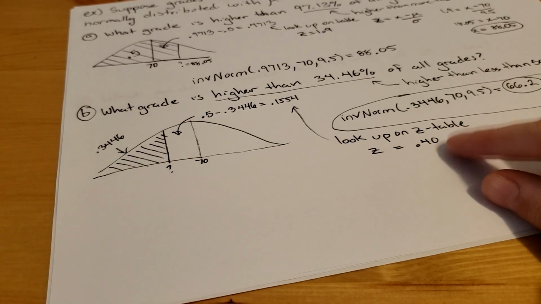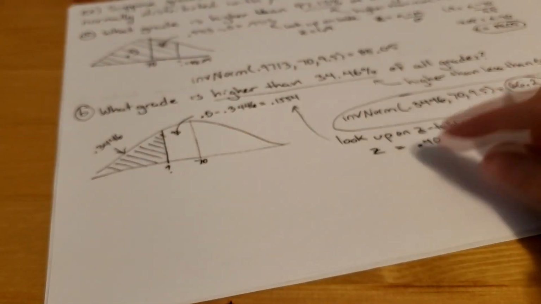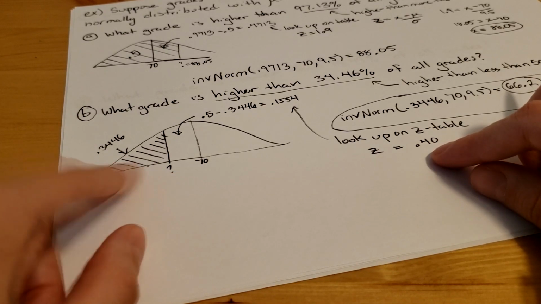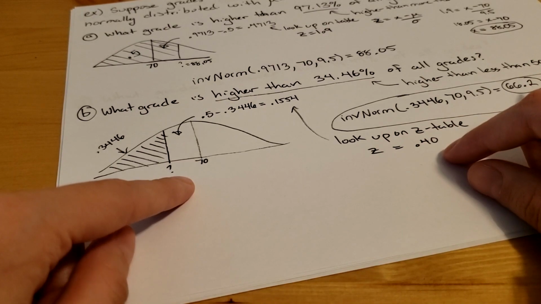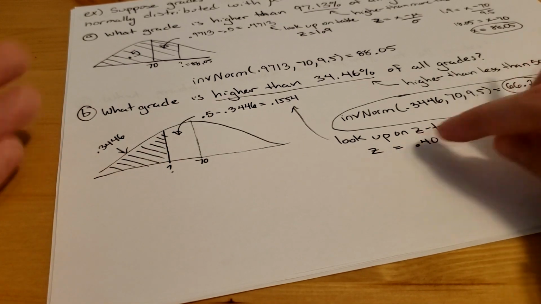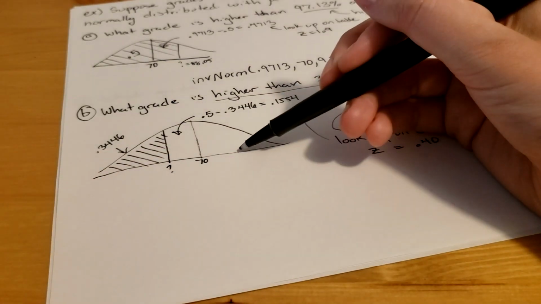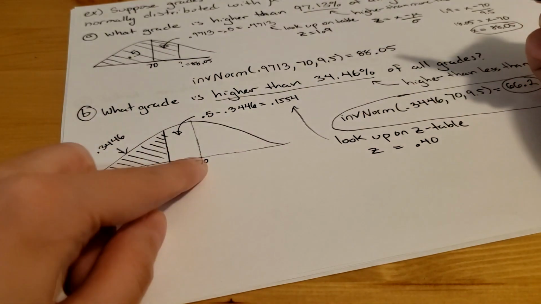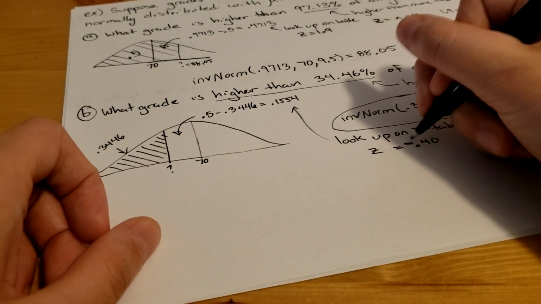This table only gives us positive z-scores, but if we look at the picture we drew, we know that this should actually end up being a negative z-score because this value falls below the mean. So if we work with positive 0.4 and we go back to change our z-score to exam grades, our answer is not going to be right because we're going to be finding the equivalent value that's over here, not the value that falls below the mean. So we have to remember that this is negative because it's below the mean.